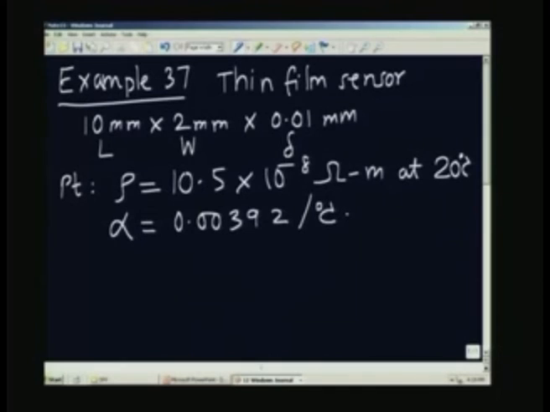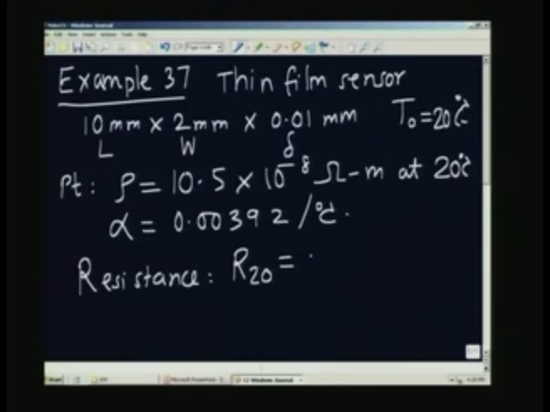So, I can actually calculate the resistance of the element initially. The temperature is 20 degrees Celsius. I am given rho at 20 degrees, so I can calculate the resistance at 20 degrees.